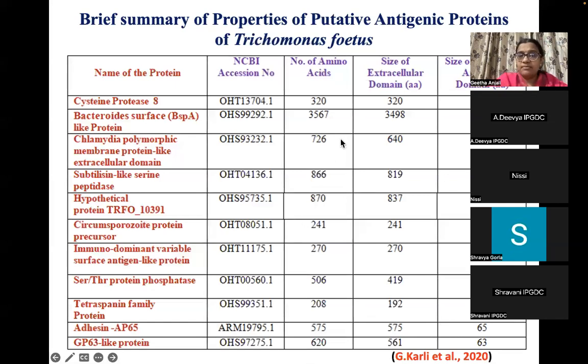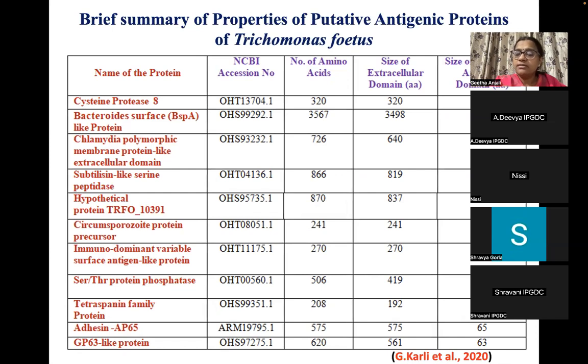I published this paper wherein I have identified several studies related to this organism, Trichomonas fetus, mostly because I am interested in looking at some very important proteins, mostly the surface proteins, which are almost exterior cell membrane proteins, because they tend to be more antigenic and tend to interact more with the surroundings. I also try to pick up some proteins that are secreted by this parasite into the vaginal or genital tract and cause damage in the genital tract.